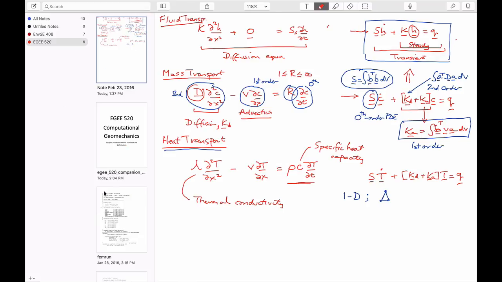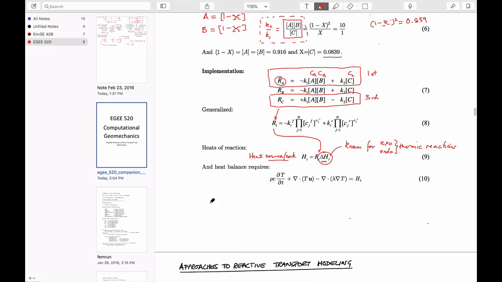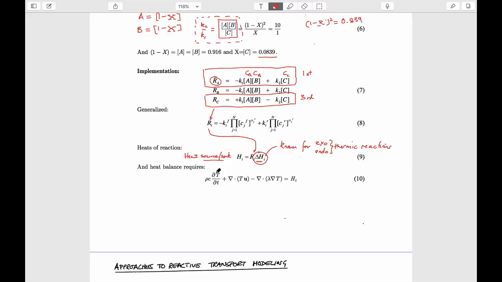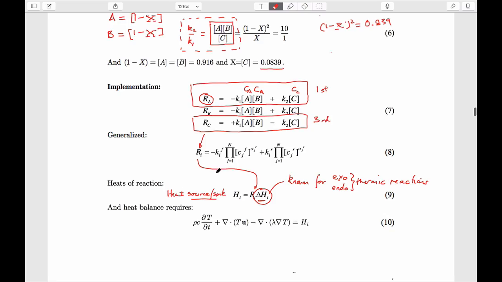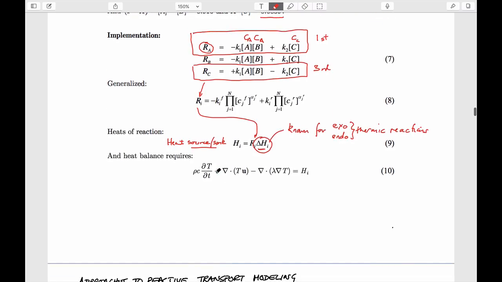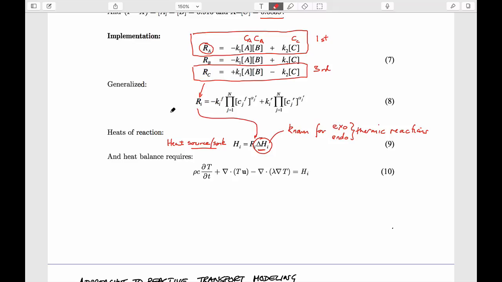If you look at this expression here at the bottom of the page, and if I blow it up, then this expression here is exactly the heat flow equation that we alluded to before. So what is this? This is lambda d2T/dx squared.